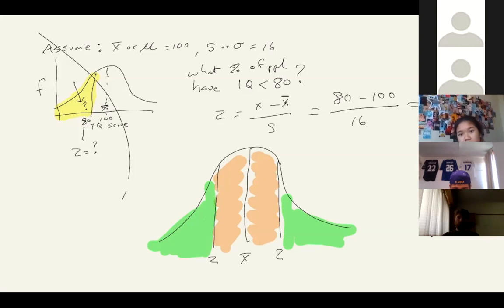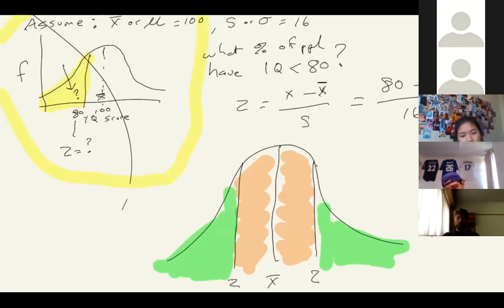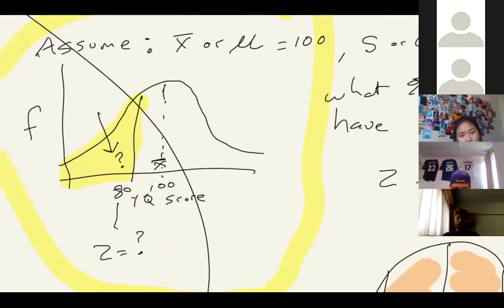So now I'm going back to the problem that we were working on, which is this problem up here in yellow. Going back to this picture, we know Z. We computed Z and we got for Z negative 1.25. So since it's symmetrical, we don't have to worry about negative or positive.